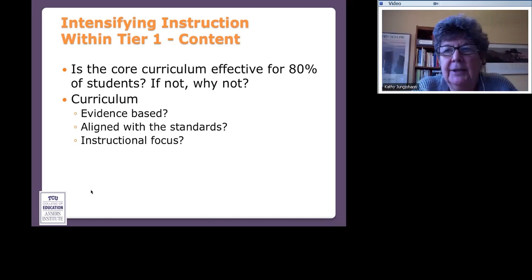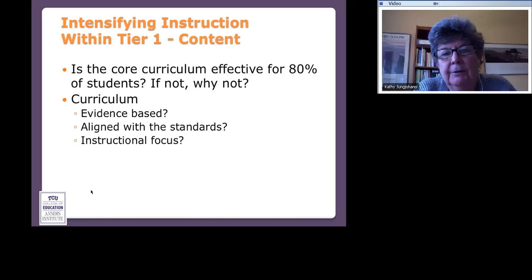And if that's the case, after you have conducted your screening measures and provided differentiated instruction, you should be asking yourself, if 80% of the students aren't benefiting from Tier 1 instruction, why is that?